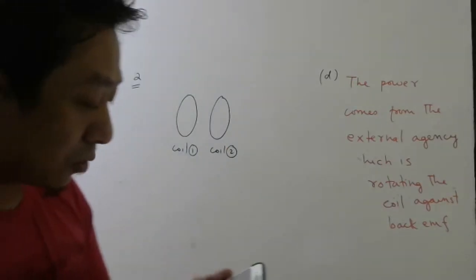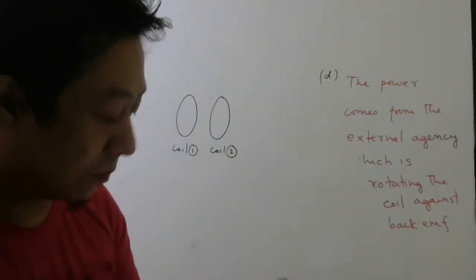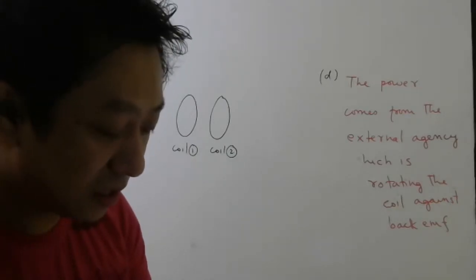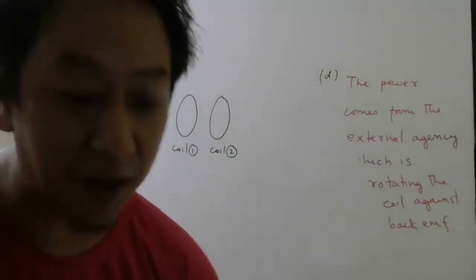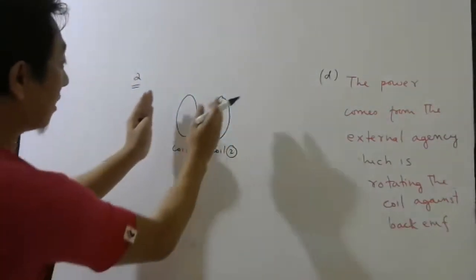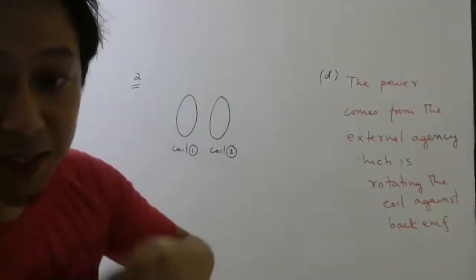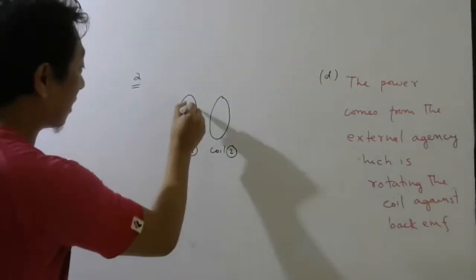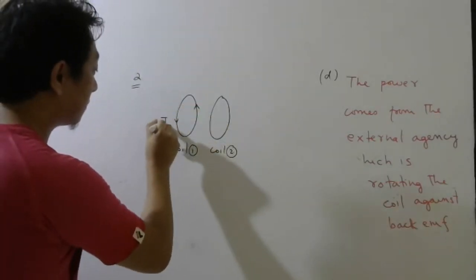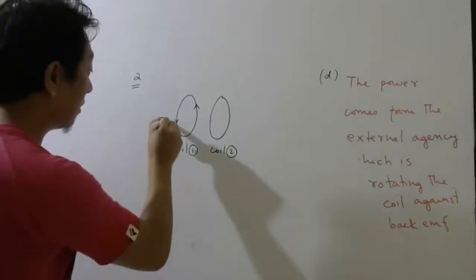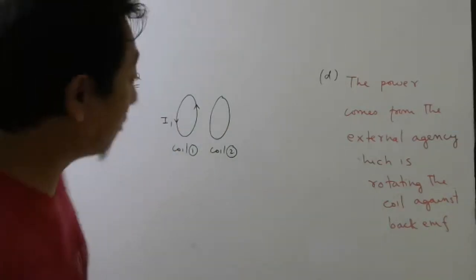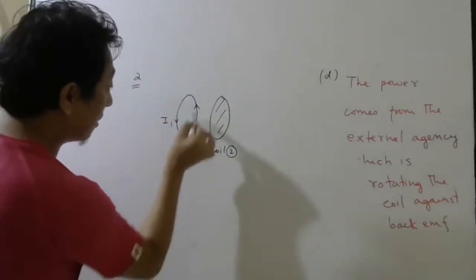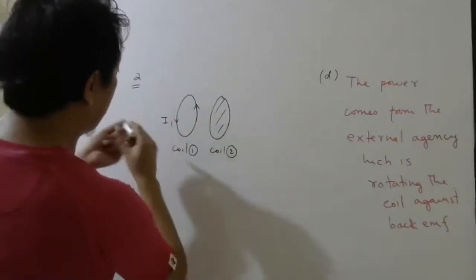So the mutual inductance between these 2 coils, the first option says it increases when they are brought nearby. Once you pass current I1 here, you have to calculate flux in the other coil. Therefore, we are interested in the magnetic field produced by this current.